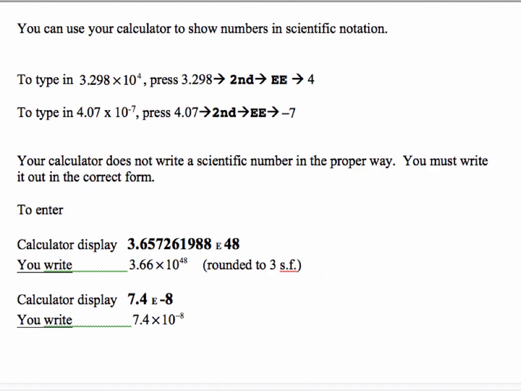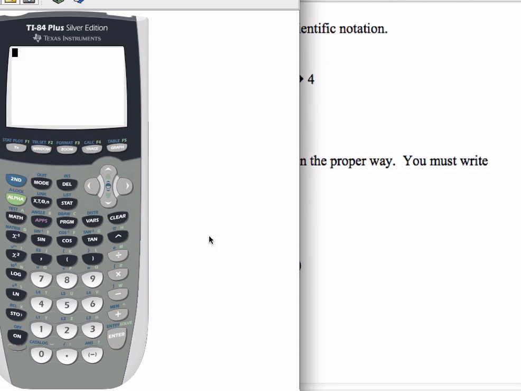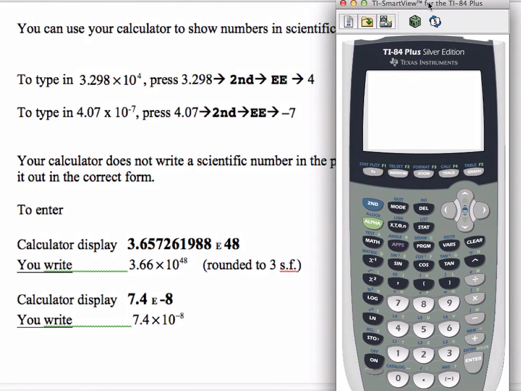Okay, you can also check out scientific notation on your calculator. Alright, so to get 3.298 times 10 to the power 4, well, you can type it out like that, but you can also do 3.298, and then this e symbol right here where the comma is, so second function e 4.